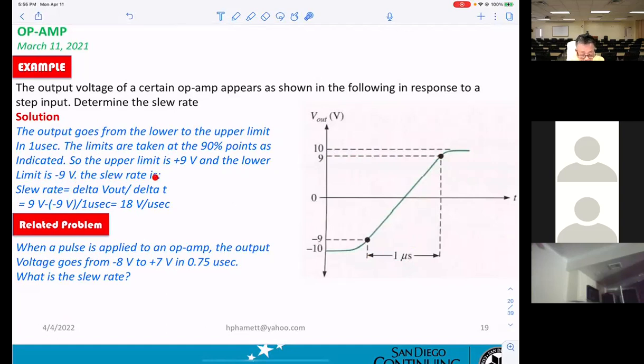The slew rate equals delta V out divided by delta T. So 9 minus minus 9, divided by 1 microsecond, gives you 18 volts per microsecond.